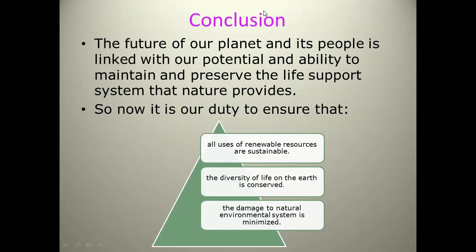So, students, here we end the chapter, that is resources. What is the message we got from the chapter? That is, resources are valuable and we need to conserve them and sustain them. Sustain them means we have to use them properly so that we can preserve them for the future generation.